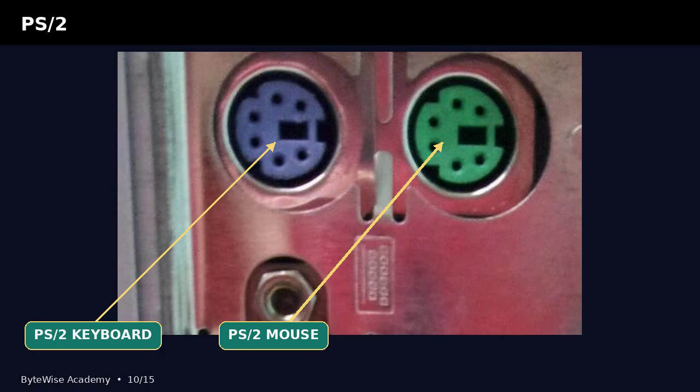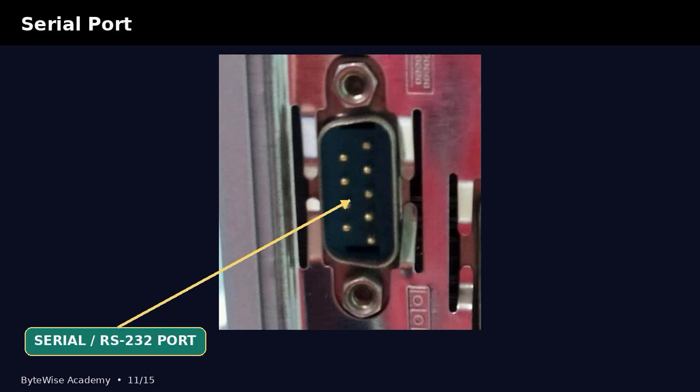Next one is serial and parallel ports. Before USB became common, computers used several other interfaces. Two important examples are serial ports and parallel ports. A serial port traditionally transferred data sequentially, one bit at a time.